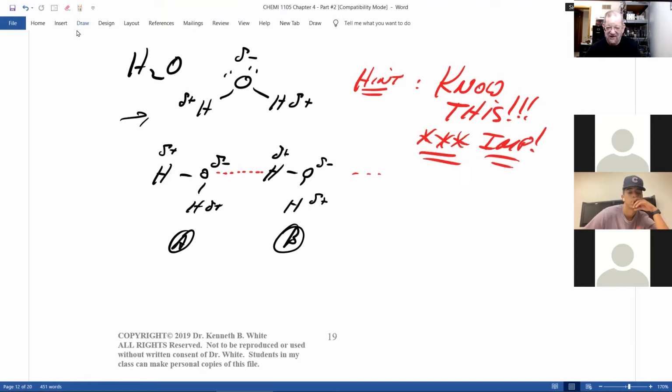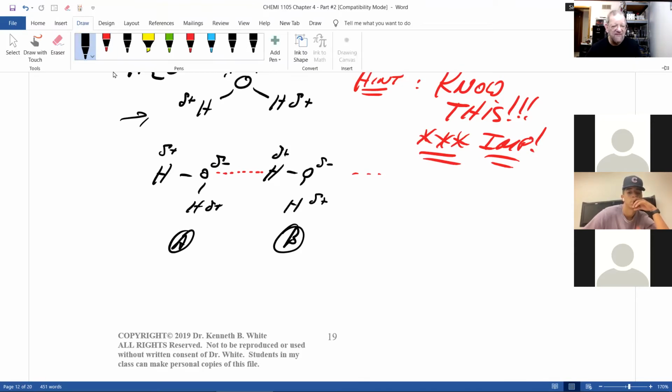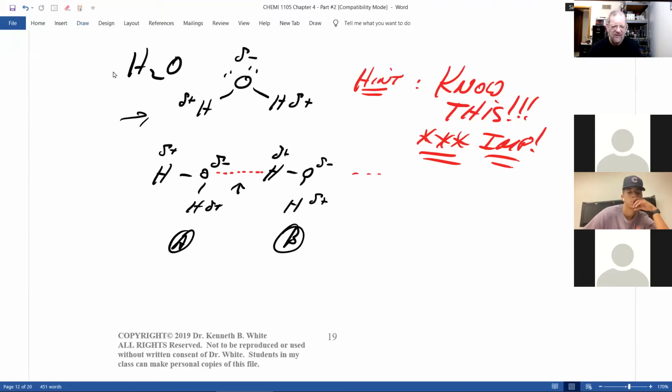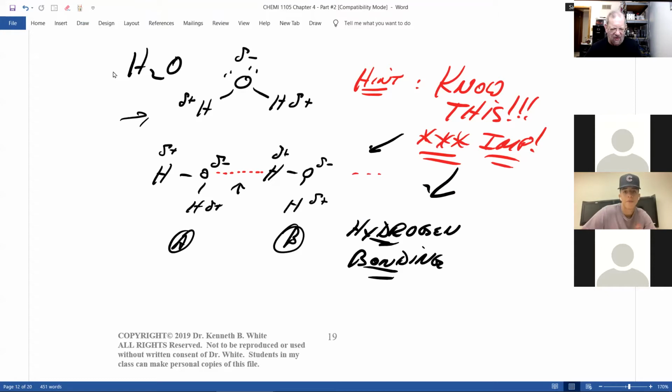And here it is. Now, what is this called? There's a name for this attraction right here. It's not a real chemical bond, but still they call it hydrogen bonding. And this is something you should know.